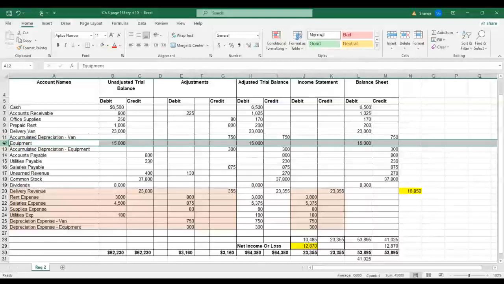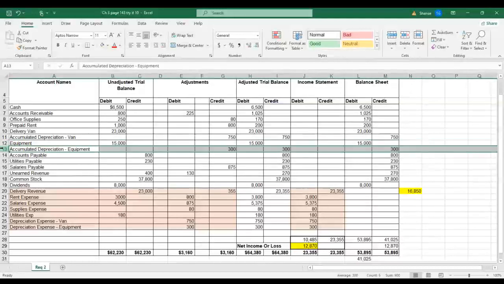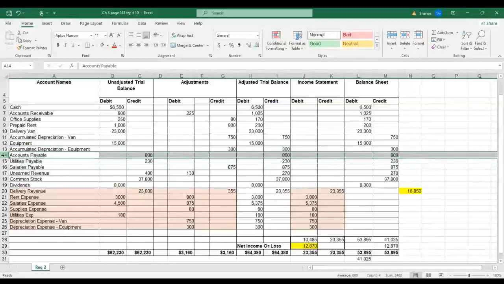Equipment, we started with $15,000. We had no adjustments, so it stays $15,000. Accumulated depreciation, we started with no accumulated depreciation. We adjusted for $300 in accumulated depreciation. So now we have a credit of $300 in our accumulated depreciation account. For accounts payable, we credit $800.